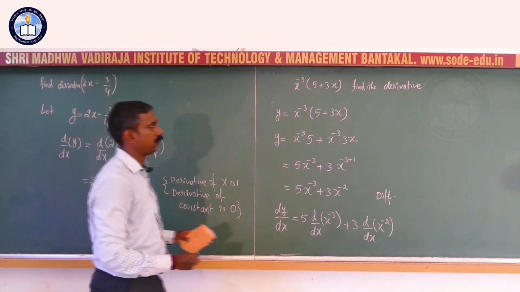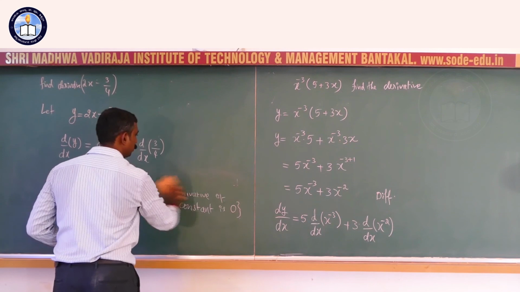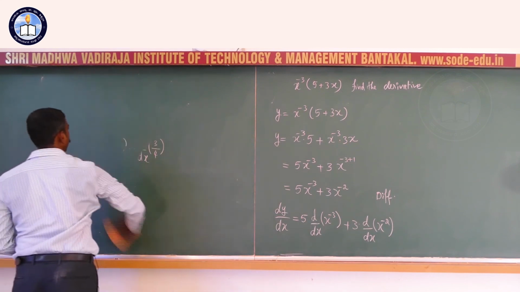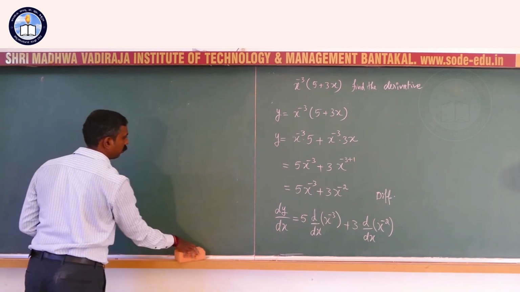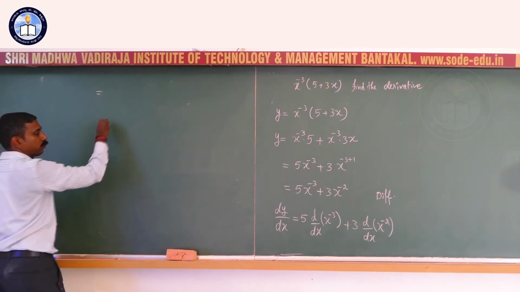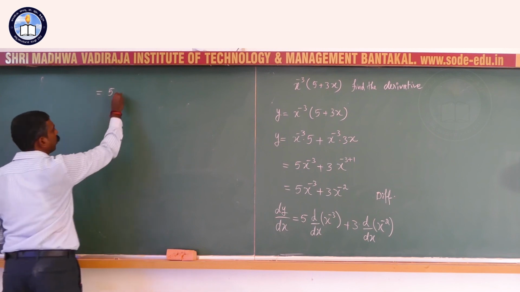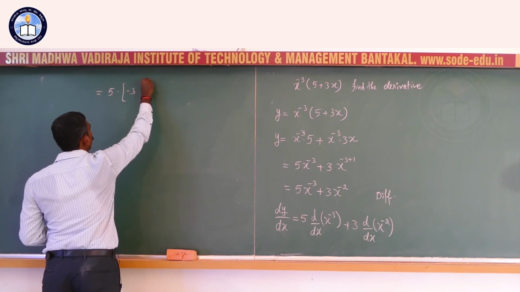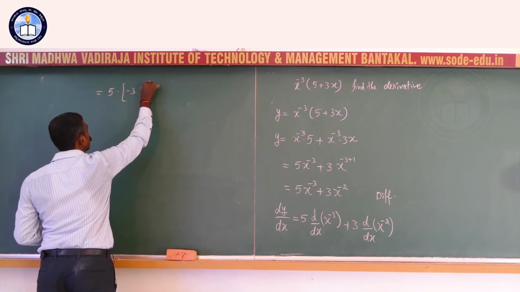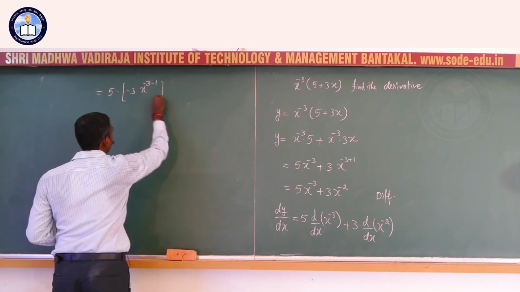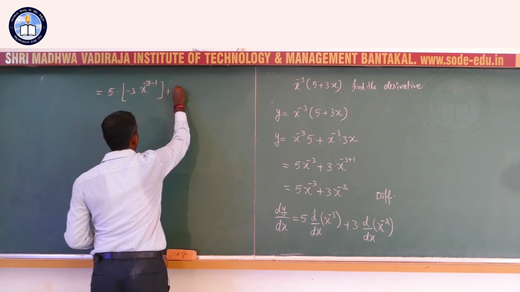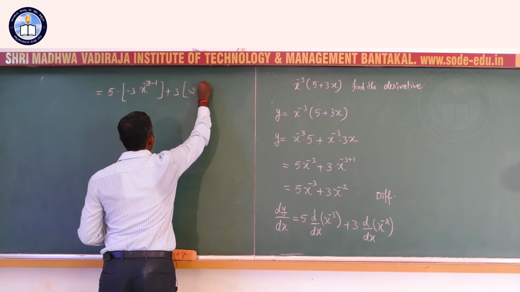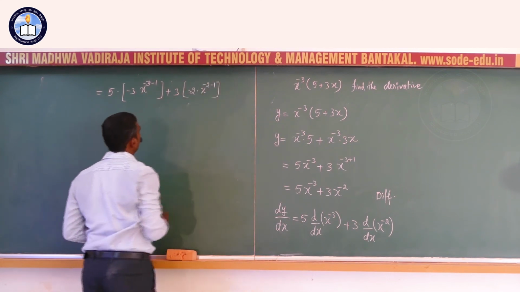What is the value? Since we know d by dx of x power n is equal to n into x power n minus 1, it is equal to 5 into minus 3 into x power minus 3 minus 1 plus 3 into minus 2 into x power minus 2 minus 1.